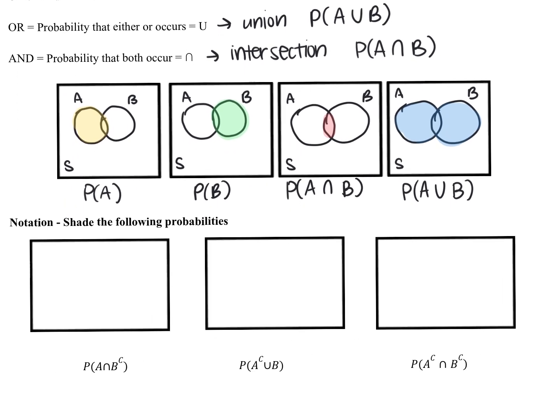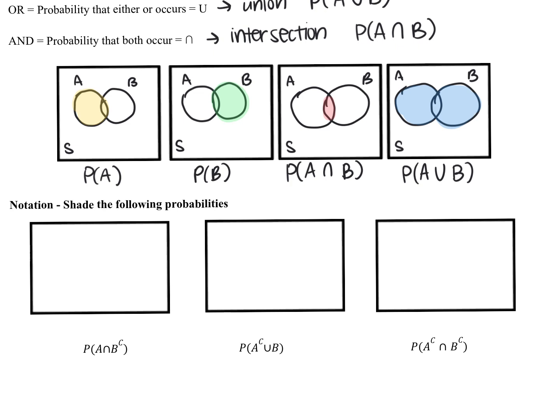All right, so let's look at some "not" probabilities. So we looked at the probability of A, the probability of B, and an "or", but let's see how that affects things if you're trying to find the probability of A and not B, or vice versa, and then both. So we have our sample space.